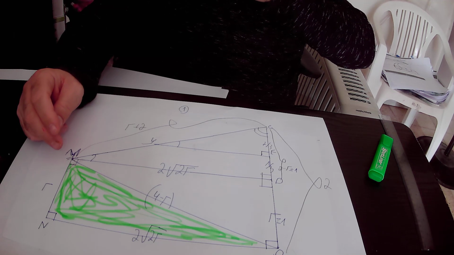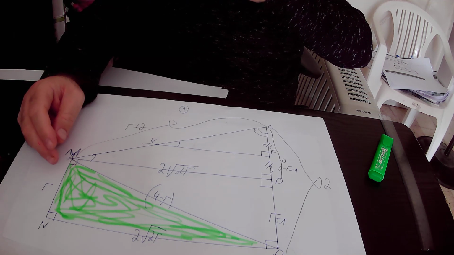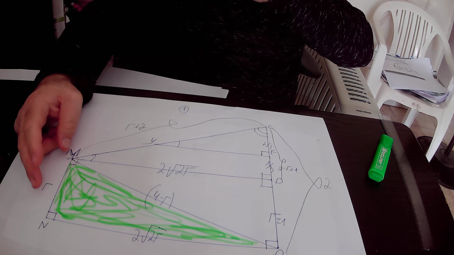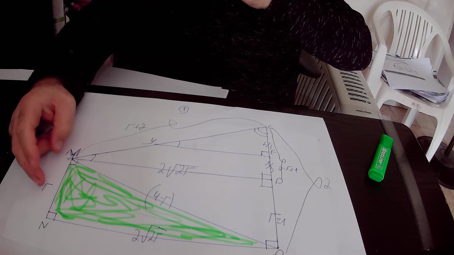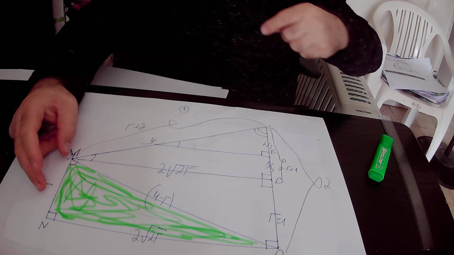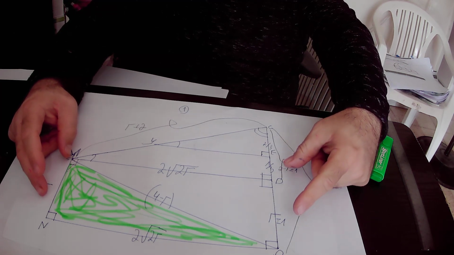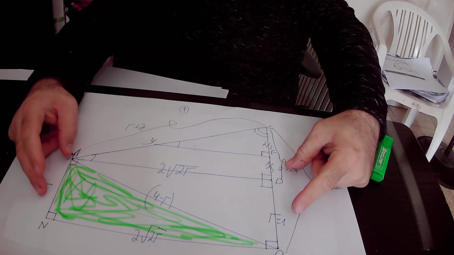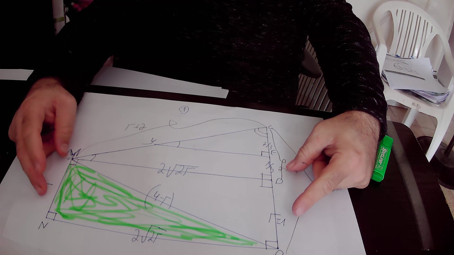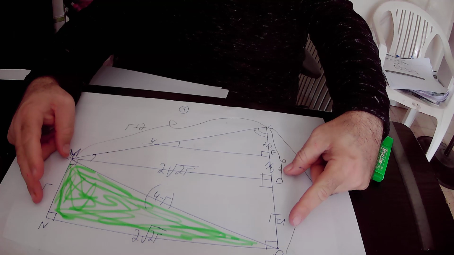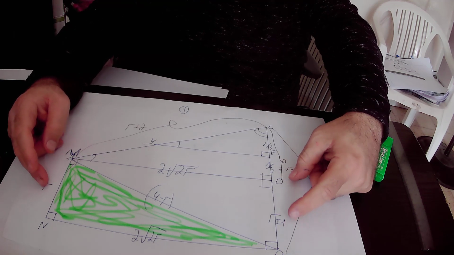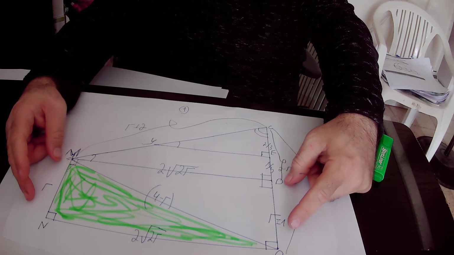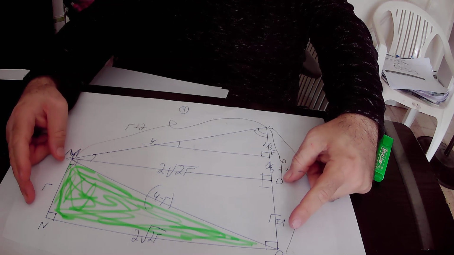And we know that the opposite sides of a rectangle are equal to each other, so we know that MN equals R. Since MNDO is a rectangle, its opposite sides are equal to each other, that is to say MN equals DO. And if MN equals R, then DO will also be equal to R. So MN equals DO equals R.